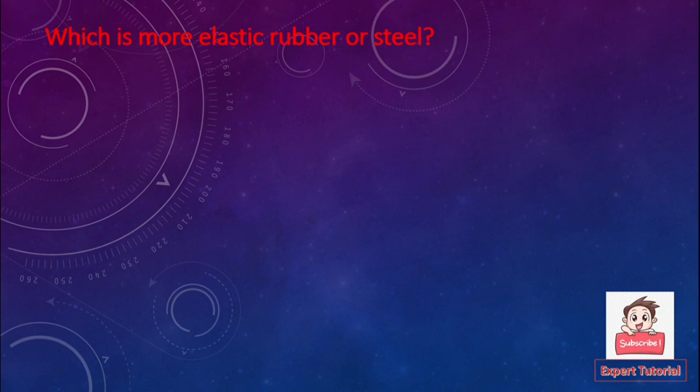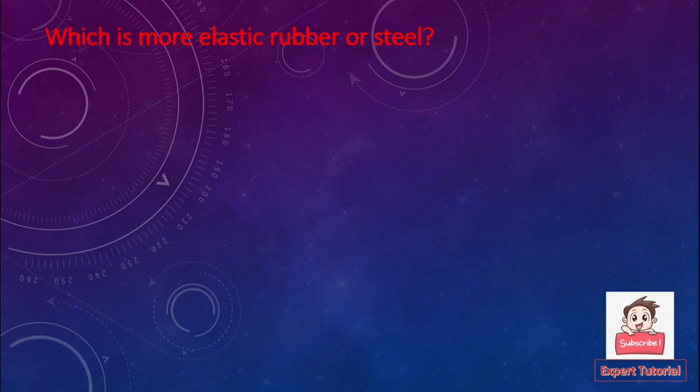Now a very important question: which is more elastic, rubber or steel? This question is very difficult to answer, as the definition of elasticity tells us that it is the property of the material due to which the material tries to regain its original shape after the deforming force is withdrawn.